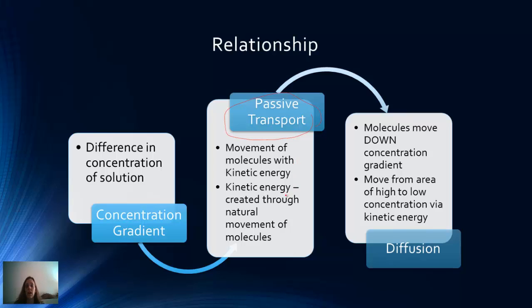And this kinetic energy is created through the natural movement of molecules when they are bouncing off of each other. Diffusion is when these molecules are moving down the concentration gradient. They're moving from an area of high to low concentration via kinetic energy.